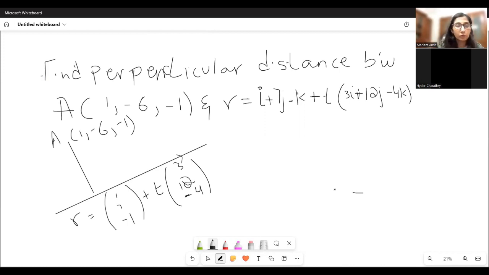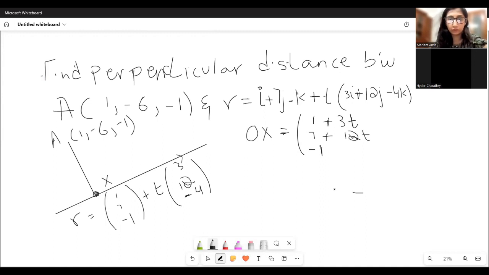I'm calling this point here X. I'm going to start with OX, which will have the same equation as the vector equation: 1 plus 3t, 7 plus 12t, and minus 1 minus 4t.